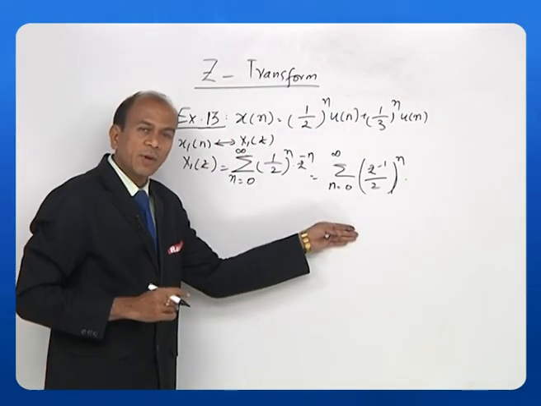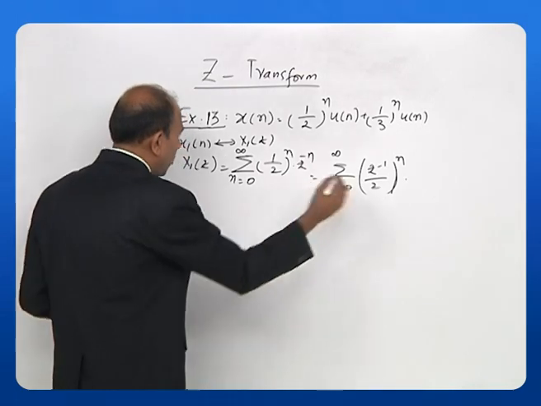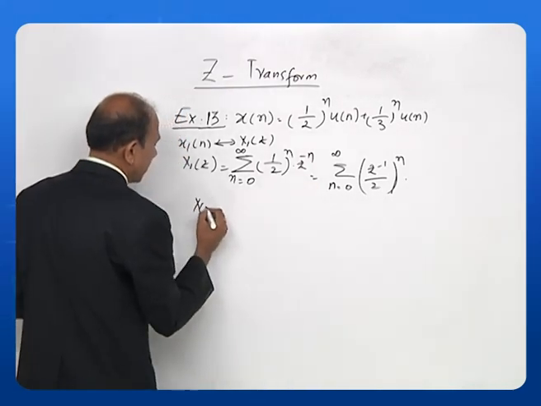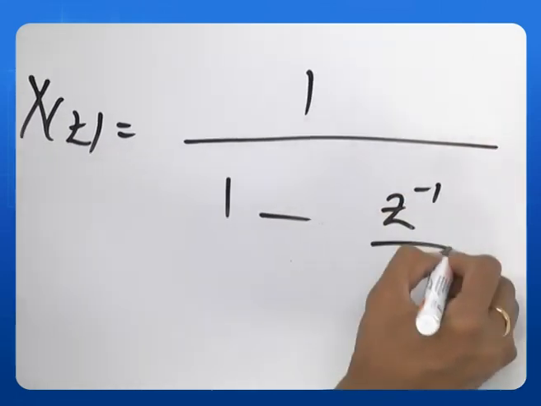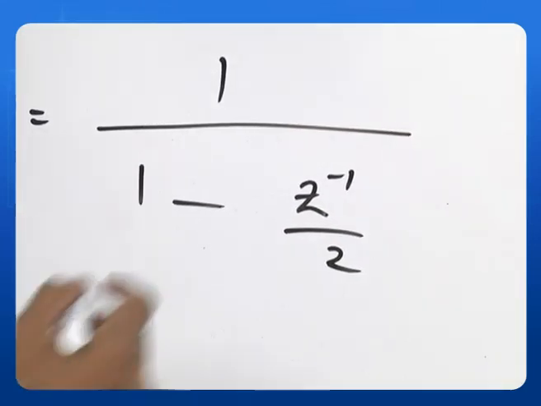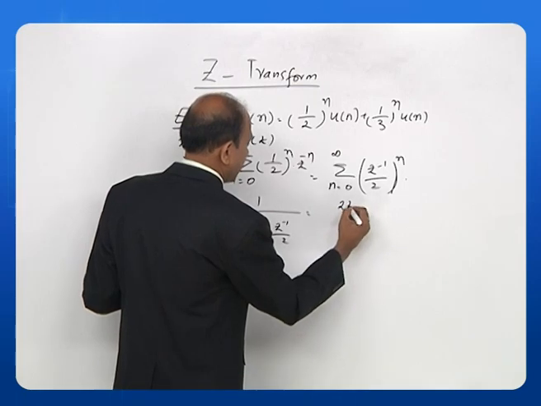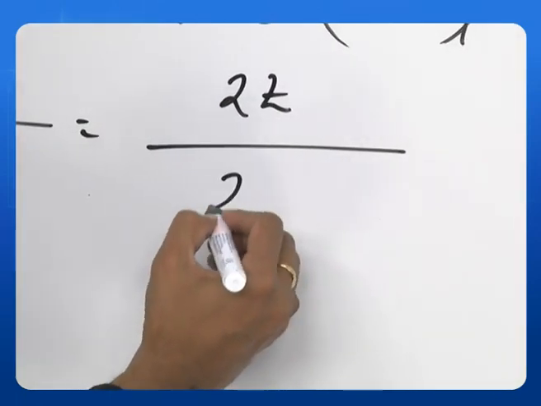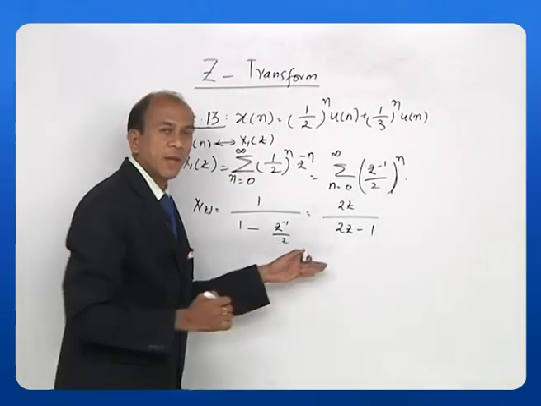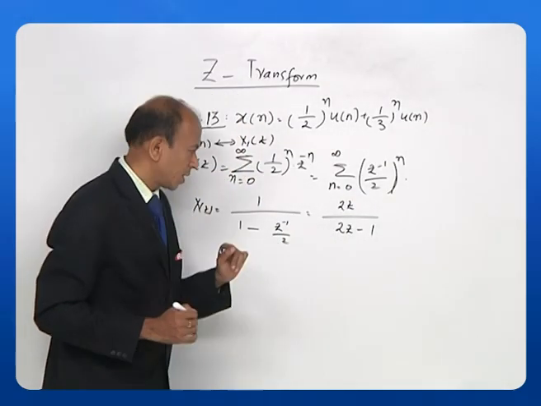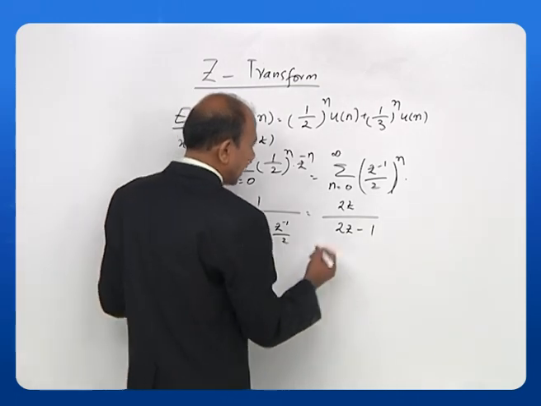So, this is what we could write. Now, what is this? When I expand this, I will get the answer like this, 1 by 1 minus half z to the power of minus 1. So, this I can write as 2z by 2z minus 1.